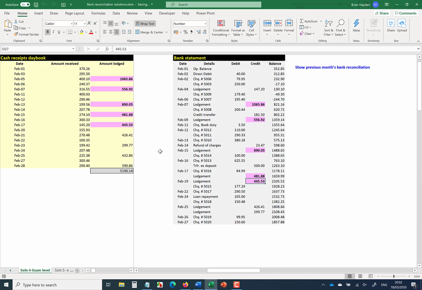This is pretty straightforward, just marking off all the common items. And 299.77. There's a couple of items unmarked here, and indeed there are a couple of items unmarked here. We'll further process the day books.